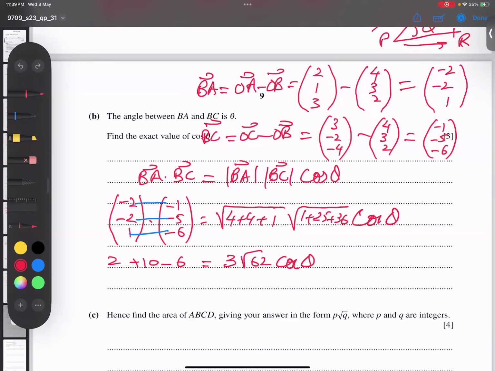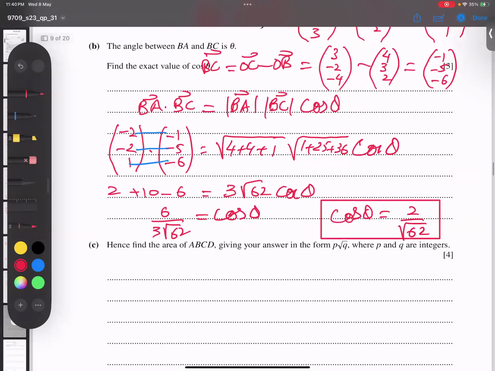So I got 6 here, divided by 3 root 62 equals cos theta. And he is asking find the exact value of cos theta. So cos theta equals 2 over root 62, which is our exact answer.